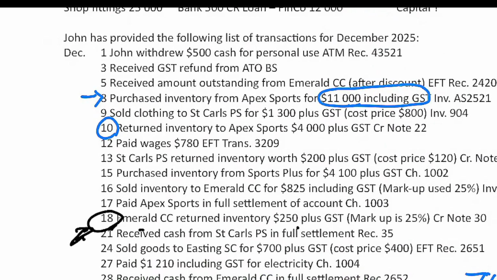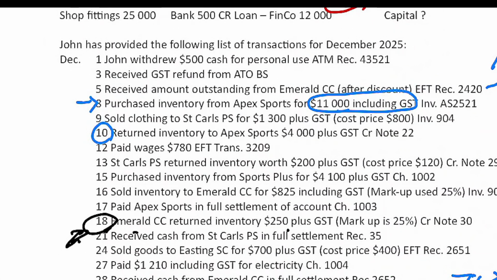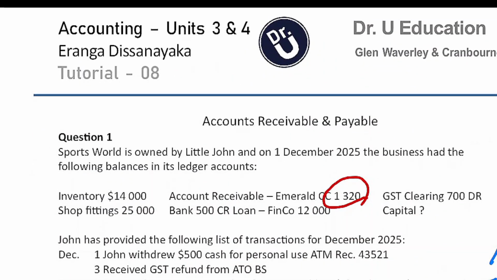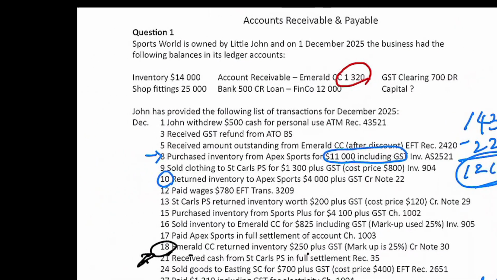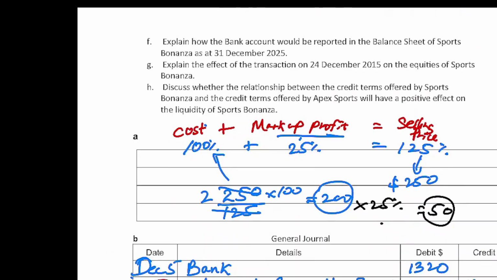I was confused with the names. St. Carl's, 200 plus GST, 220. Sorry, you guys are correct. 1,210. Good.